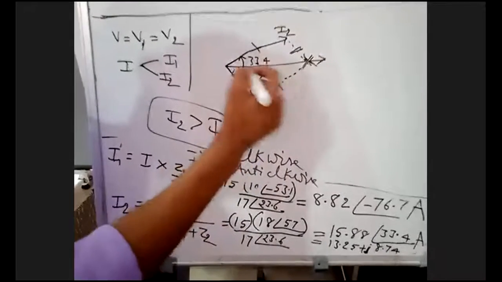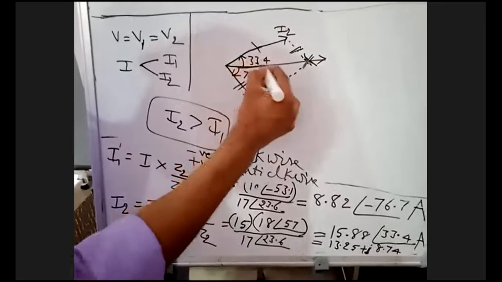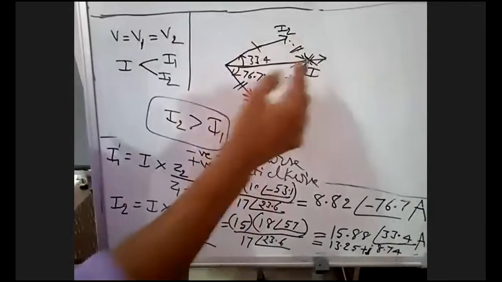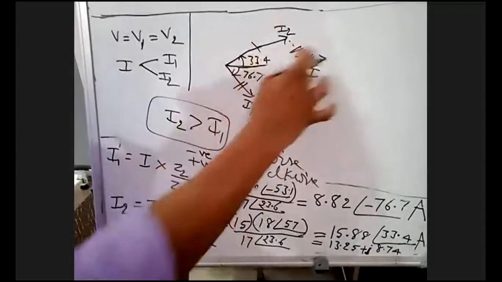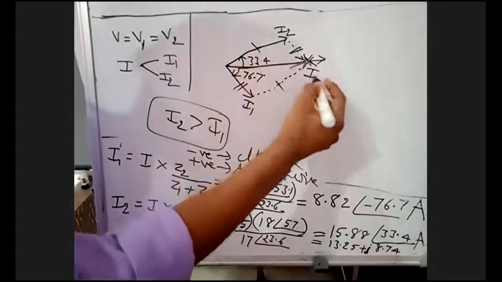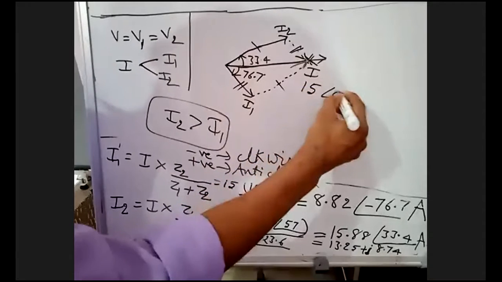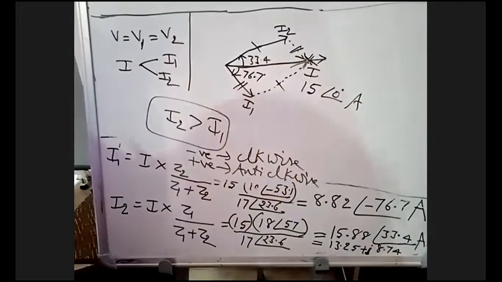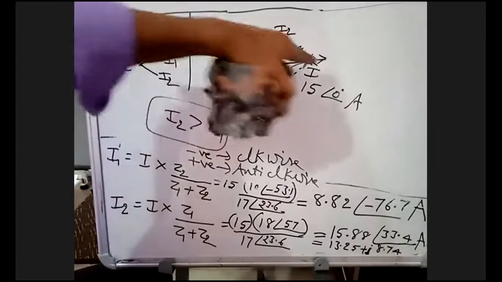So in the parallelogram, join this. This is the diagonal. Your diagonal is I. What is the I value? 15 at an angle 0. In your problem, they have given the total current as 15 ampere, and I am taking 15 ampere at an angle 0, so on the x-axis it is touching.